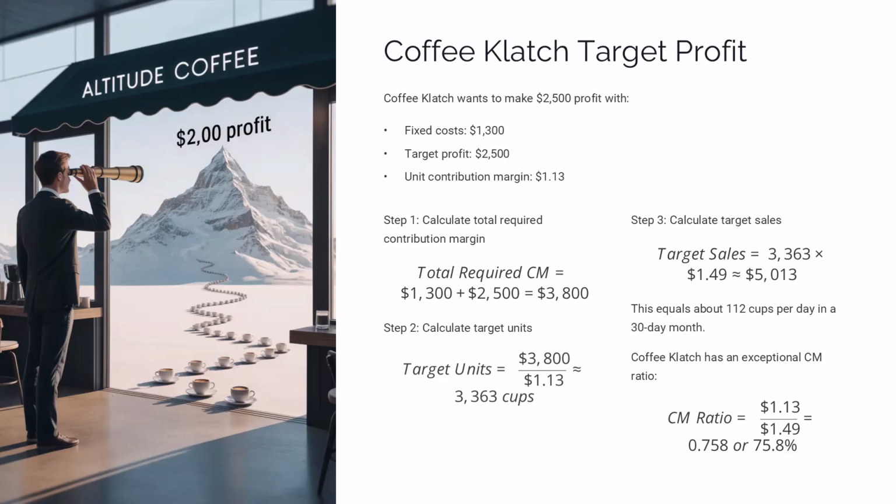When Dutch Bros was competing against Starbucks, they calculated that their drive-through model had lower fixed costs, no seating area, but similar contribution margins, meaning they could hit target profits at just 60% of Starbucks volume, allowing them to thrive in smaller markets where Starbucks couldn't survive.